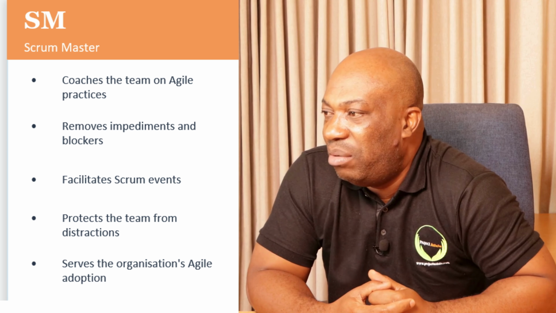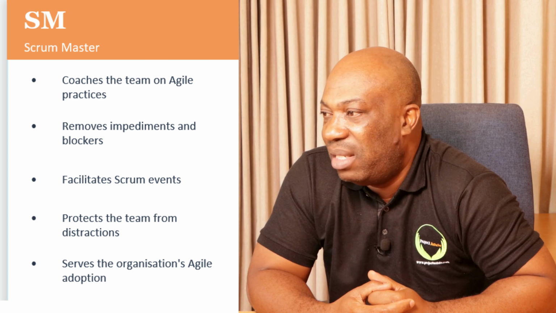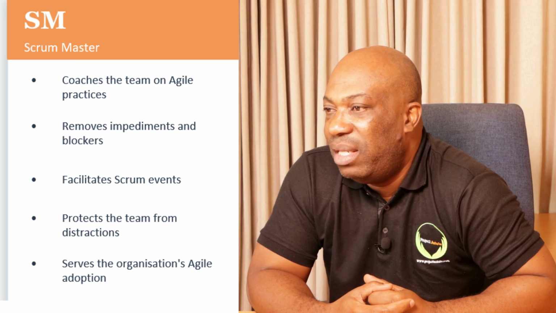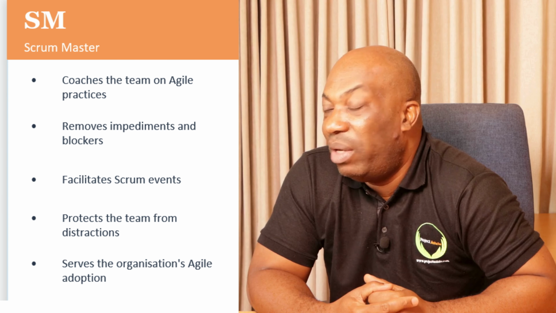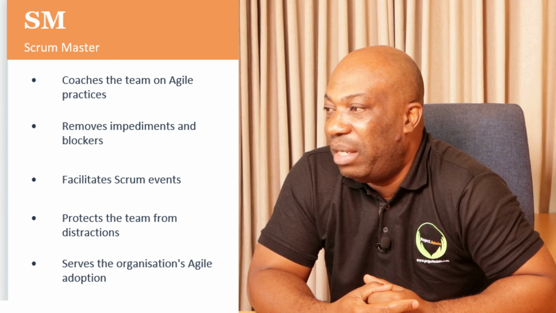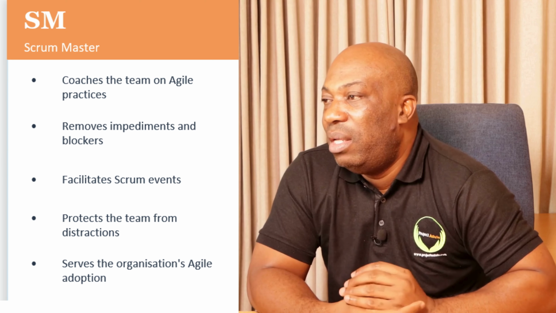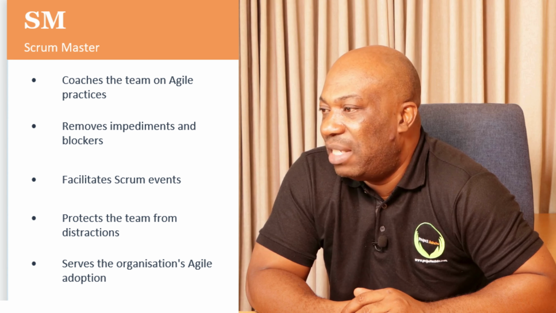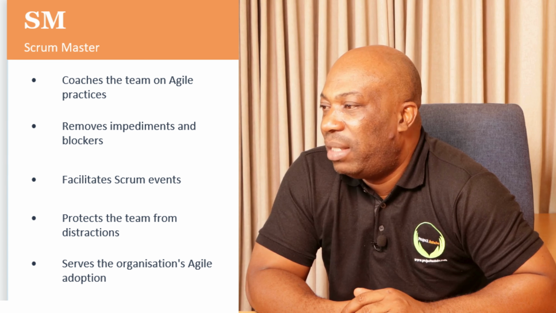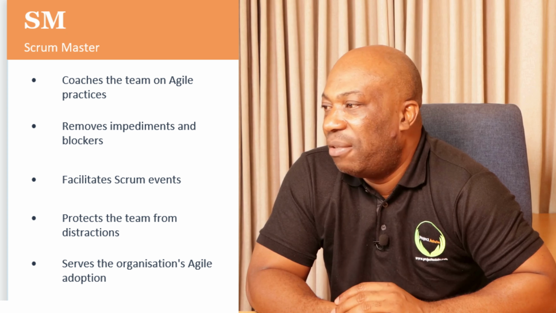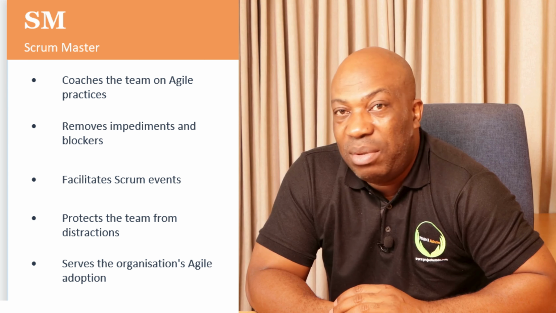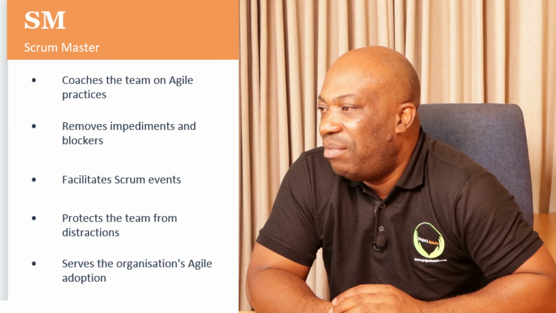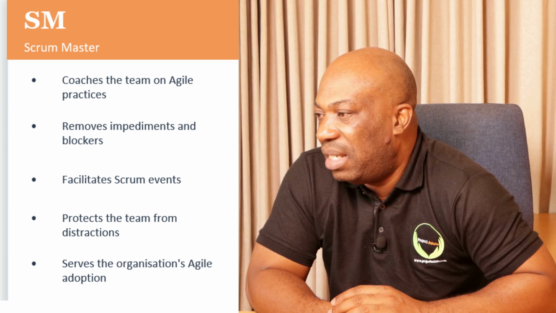Remember, in an Agile environment, there is a daily stand-up meeting, and one of the items to be discussed is impediments and blockers. So the Agile project manager or the Scrum Master is expected to remove these impediments. Then they are also expected to facilitate events. If there's something that has to be managed, the Scrum Master is supposed to facilitate that.